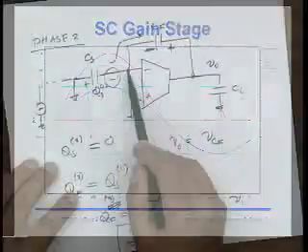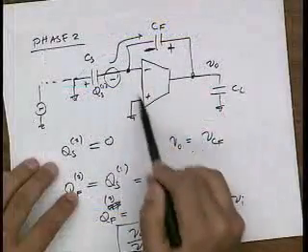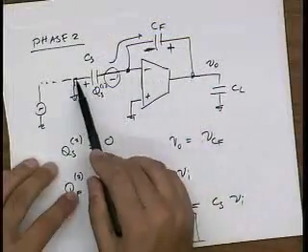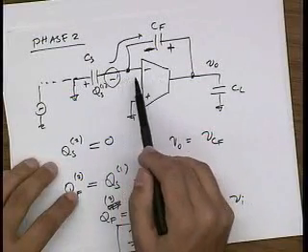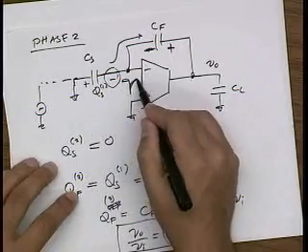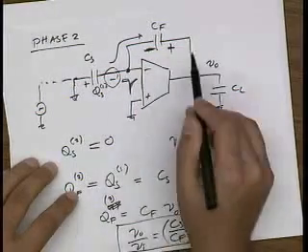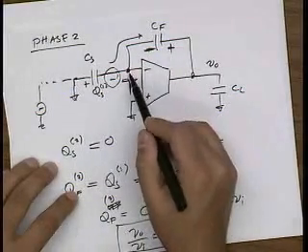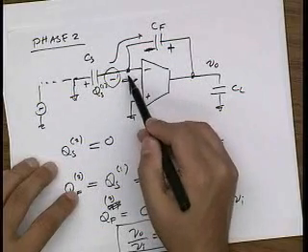At the beginning, the op-amp is not doing anything, so this voltage drops down in a step-like fashion because the op-amp can't respond instantaneously. How much will it actually drop down?